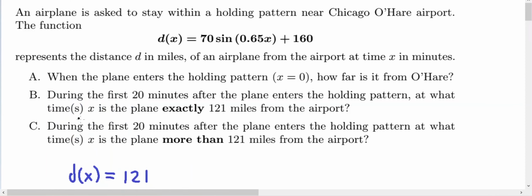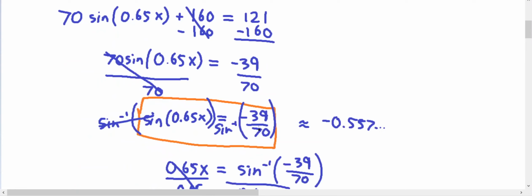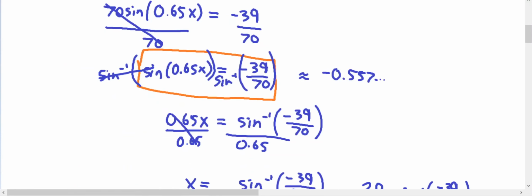this question is nearly identical because it's asking, in the first 20 minutes, at what time or times is the plane, instead of exactly 121 miles, more than 121 miles. This turns out to be a useful checkpoint because instead of an equals here, all we have to do is interpret when this is greater than.